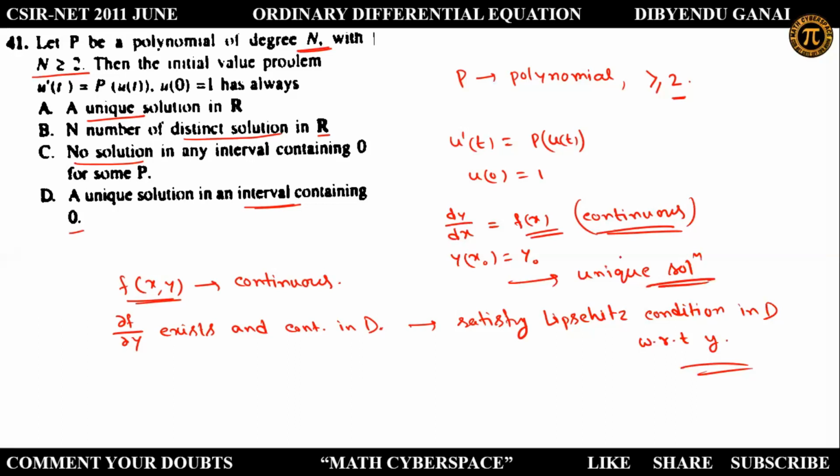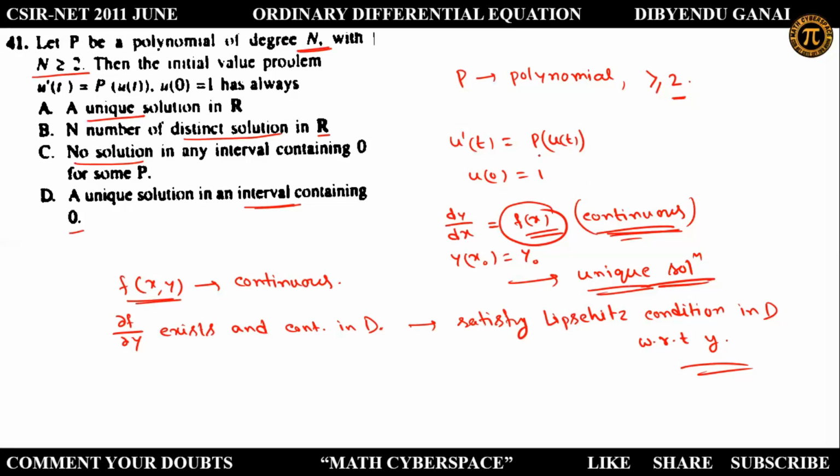Otherwise, it has infinitely many solutions or no solution. So if f is continuous and satisfies the Lipschitz condition, then it has a unique solution; otherwise, it will have infinitely many or no solutions.